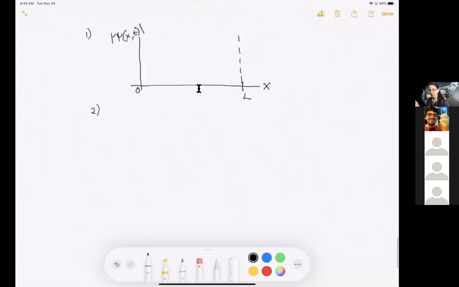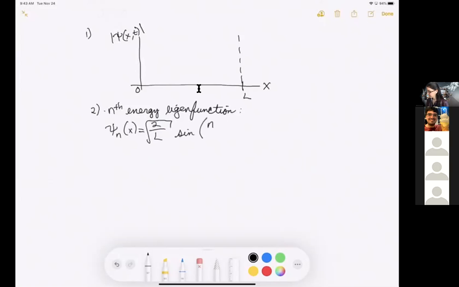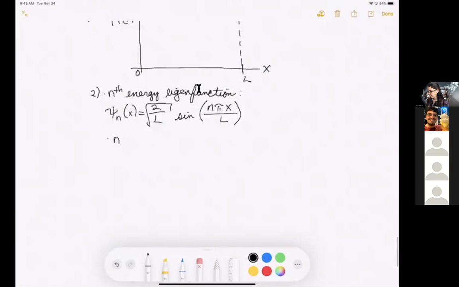We can recall some basic facts from undergraduate quantum mechanics. The nth energy eigenfunction has a sinusoidal shape. Let's label it psi n of x. We have our normalization factor, then our sine, for n equal to 1, 2, and so on.